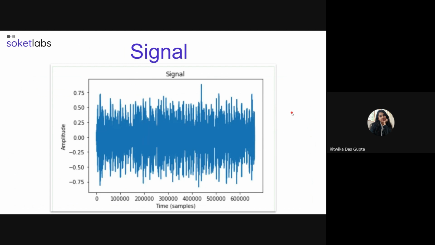So a signal is basically a variation of any quantity over time, and this is a waveform. In this waveform, we will try to see the variation of amplitude over time. So that is a signal, and then we try to extract meaningful information from this waveform using a technique called Fourier transform.